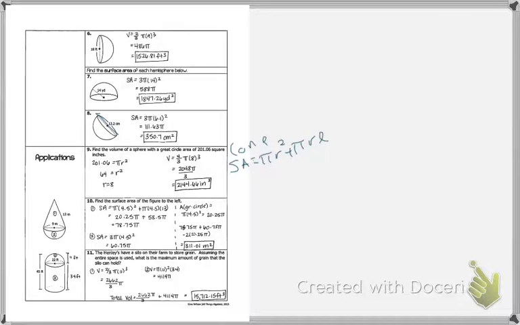So you need 2 things for your cone. You need your radius and you need the slant height. The radius, well, you have your diameter 9, so that means your radius is 4.5.